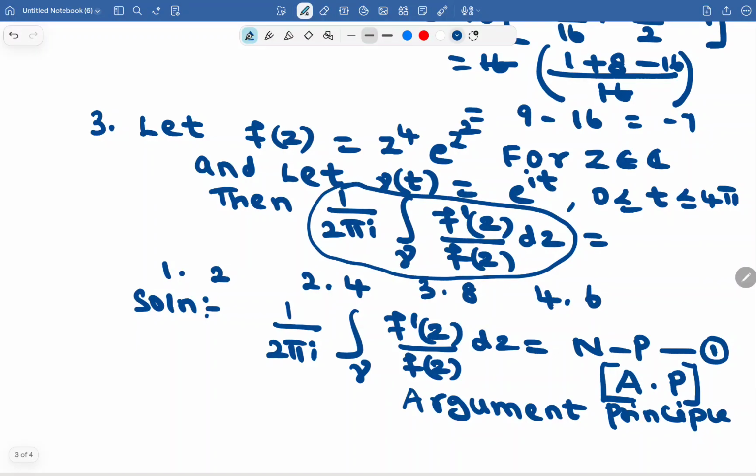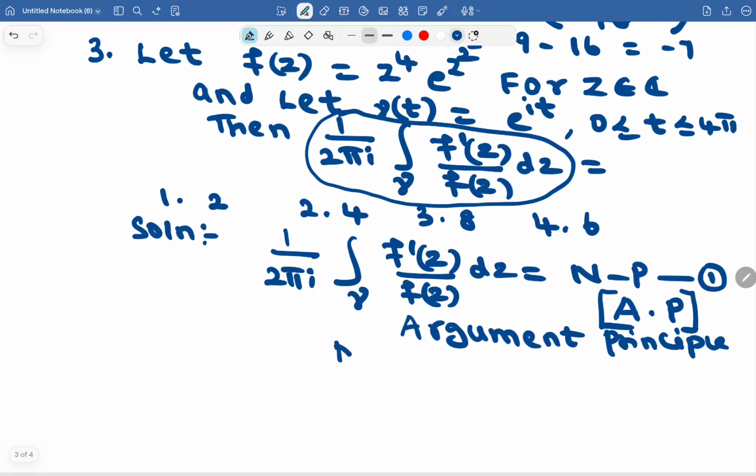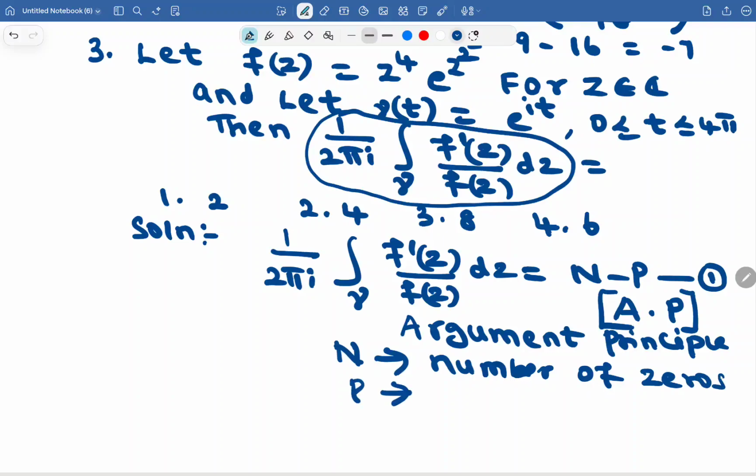For this problem, one must note that N is the number of zeros, P is the number of poles.